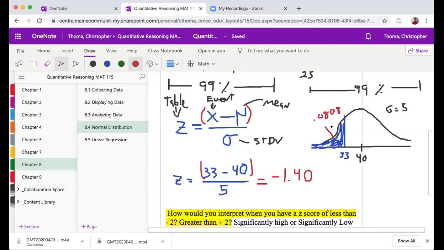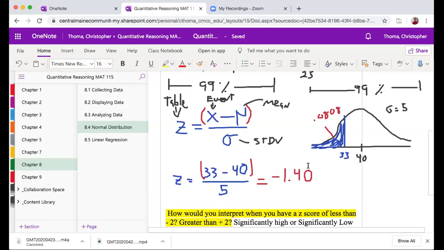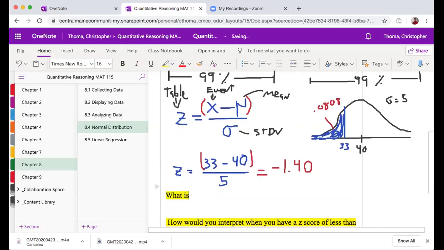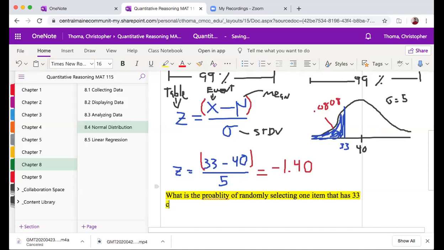So really what this answer is, if I make some product that is 40 calories, the probability, actually I'll just type it instead of trying to write all that out. So what I basically answered here is: what is the probability of randomly selecting one item that has 33 calories or less?